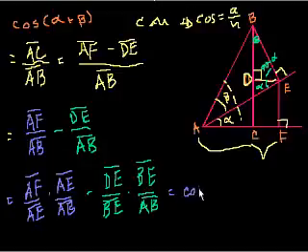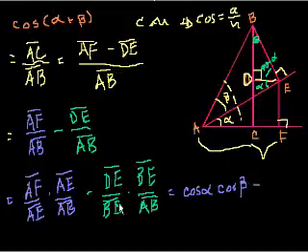And what is AE over AB? If we look at this big right triangle right here, that is the adjacent over the hypotenuse for beta. So that's cosine of beta.